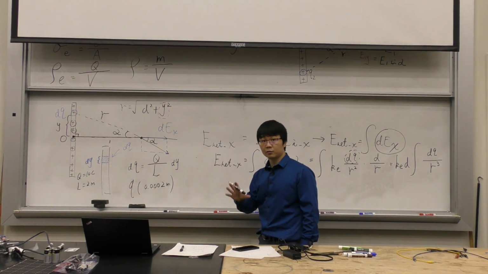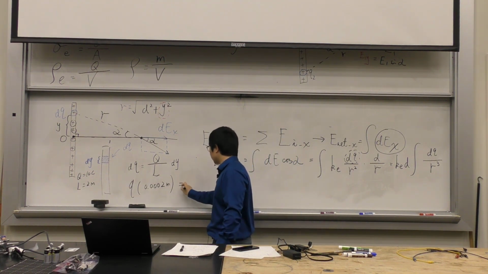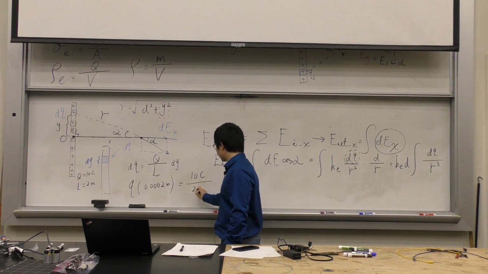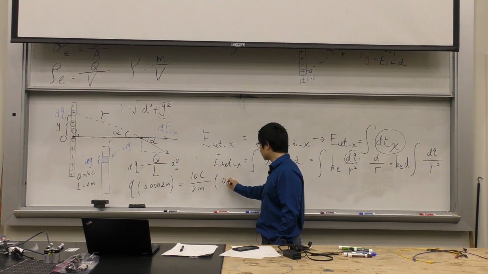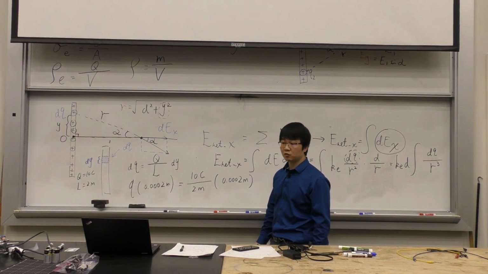How do you find the charge on that segment? Well, you would do this: divide the total charge by the total length and multiply by the length you give me.